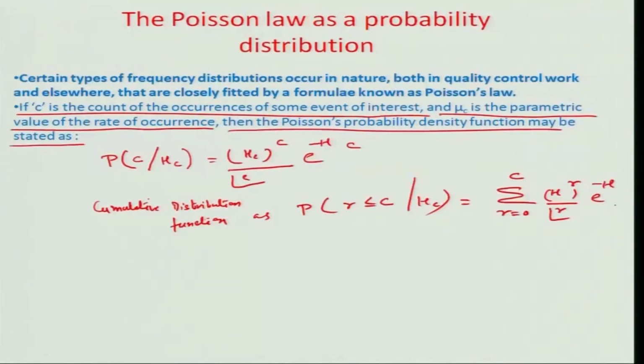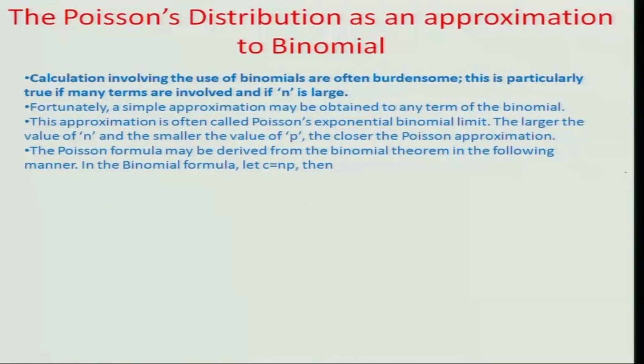I am going to derive this from the condition that had just been illustrated earlier, to see the difference from the binomial in this particular case. Calculations involving the use of binomials are often burdensome.